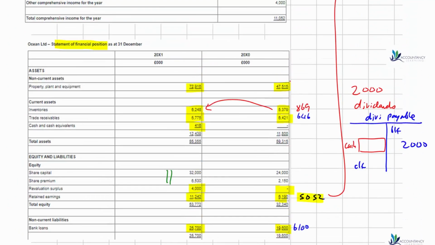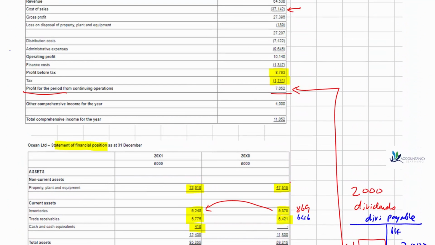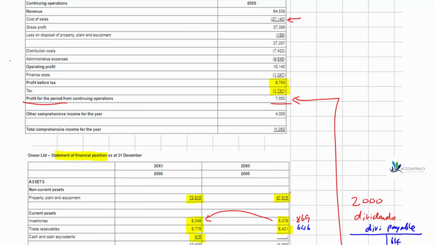Okay, what else can we look at in our statement of profit or loss? We can see right at the top there is a loss on the disposal of property, plant and equipment of 189. That is an expense in the profit and loss, but it's not cash though, is it?